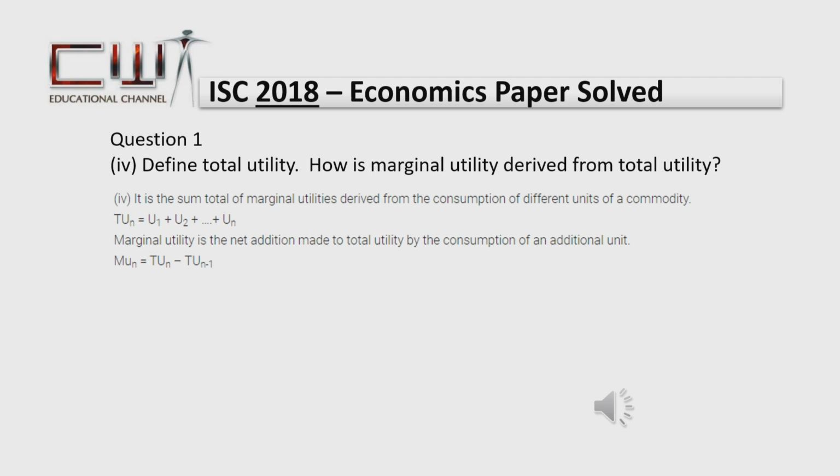And marginal utility is the net addition which is made to the total utility by the consumption of an additional unit. Therefore, marginal utility at n is equal to total utility at n minus total utility at n minus 1.